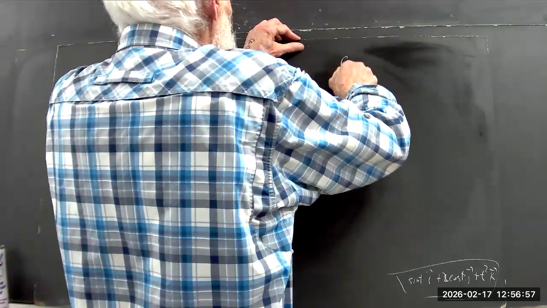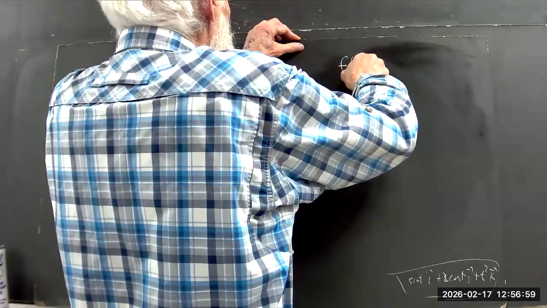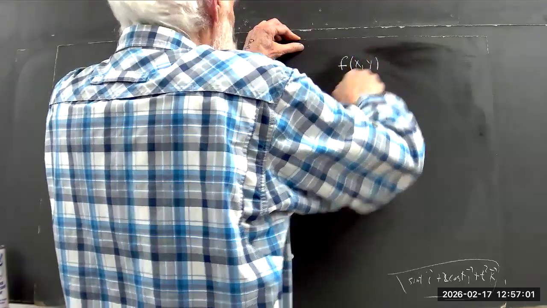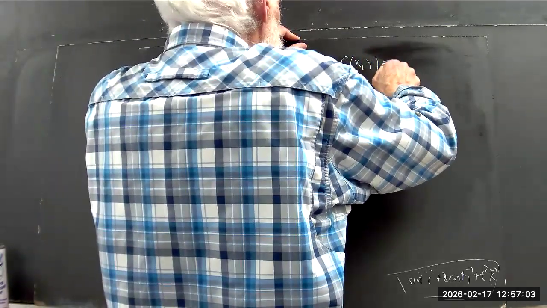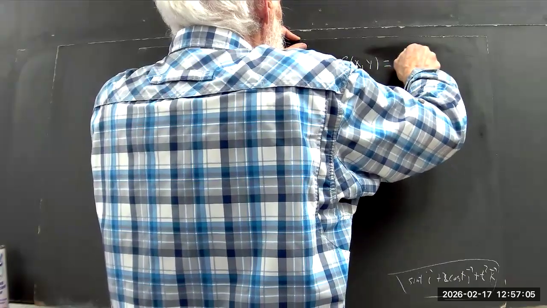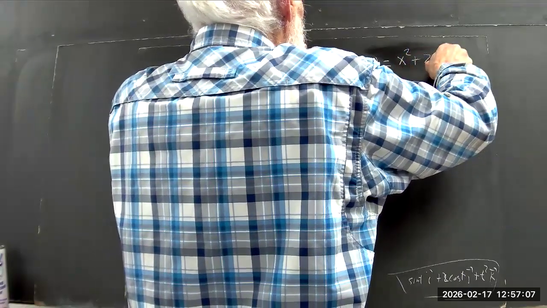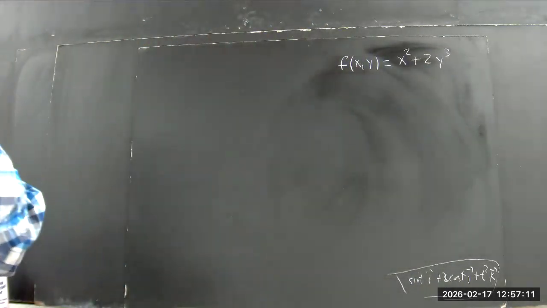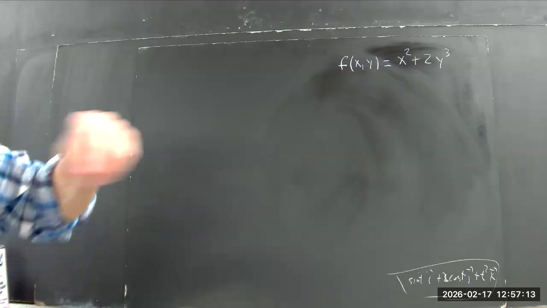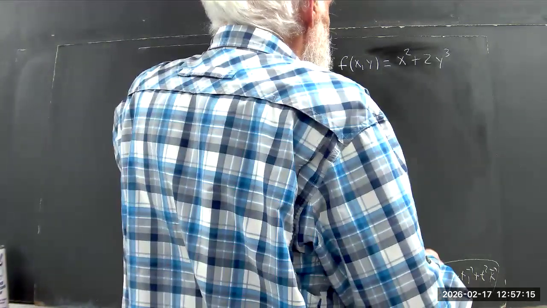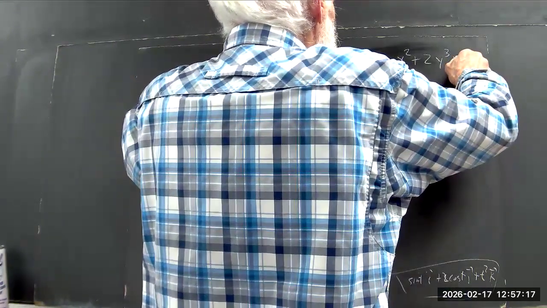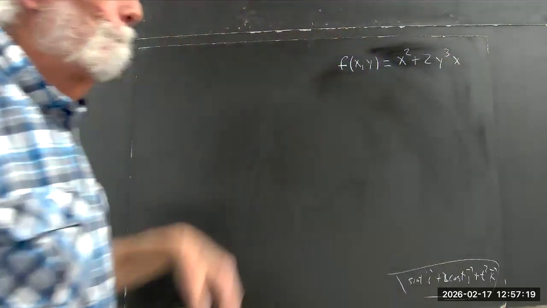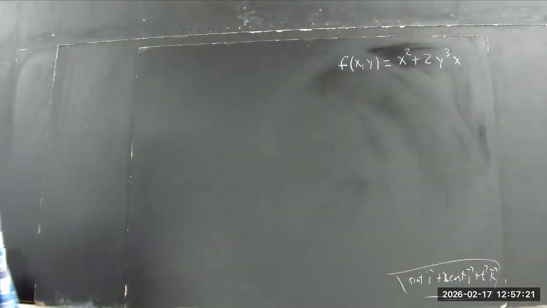Okay, so here's a function of two variables. Let's just say it's x squared plus 2y cubed. Now this function has a graph.